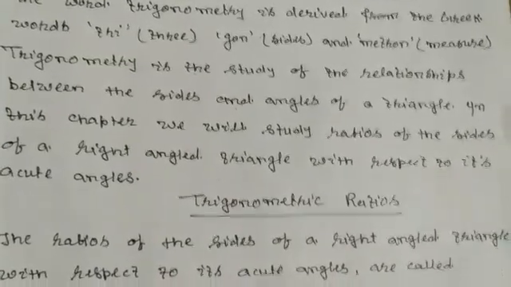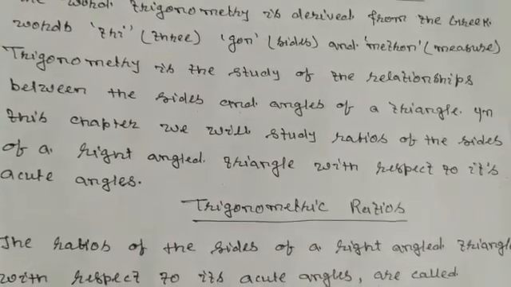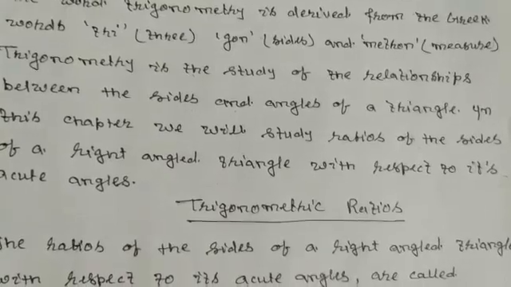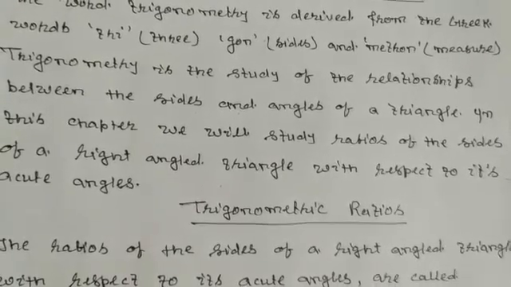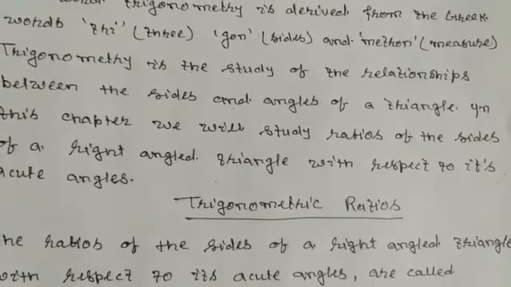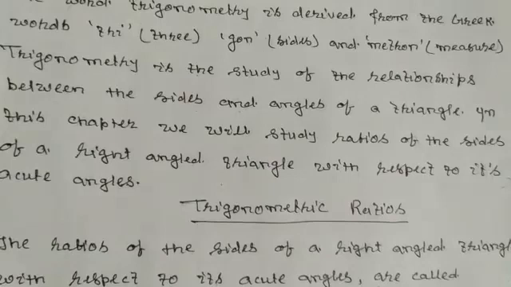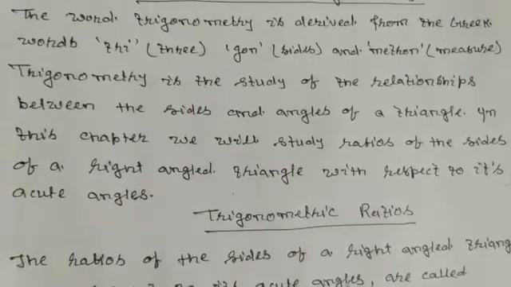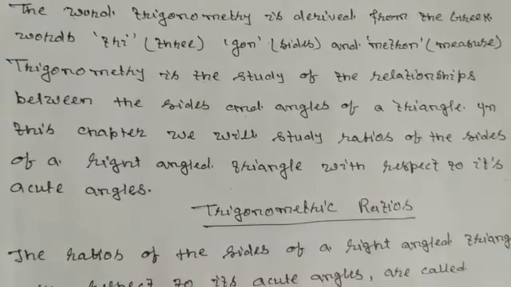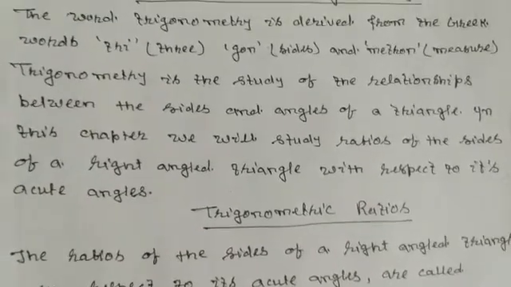But at your level, that is in class 10th, we have to study the ratio of the sides and angles of a right angled triangle only. We have to study the case of right angle triangle only. We will study the other types of triangles later.